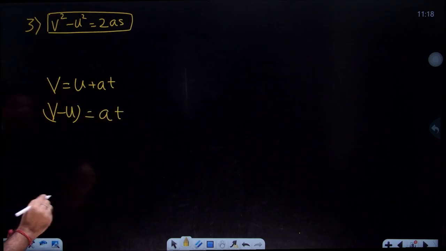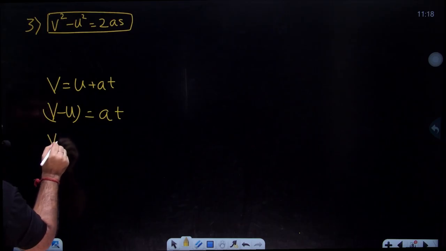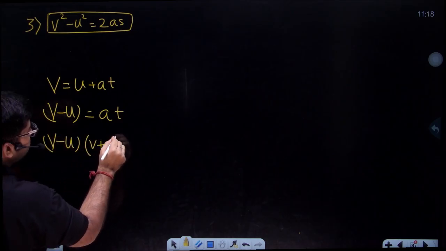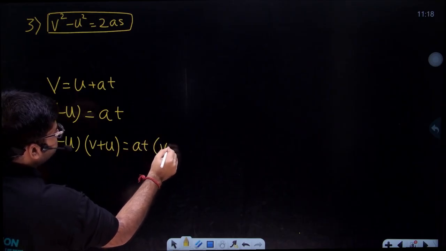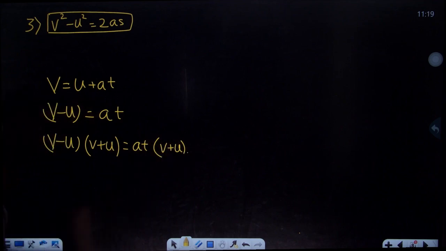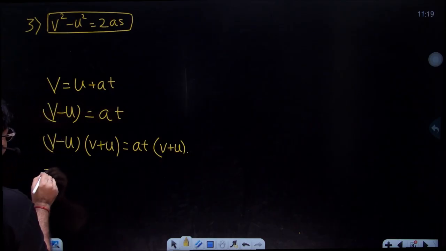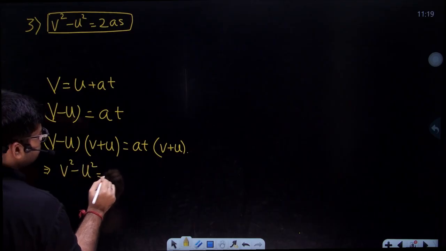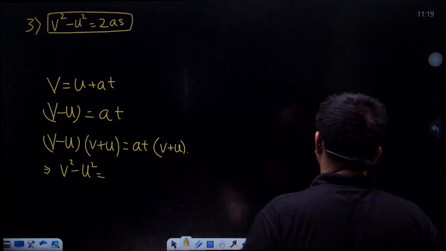Now if I multiply both sides with V plus U, what I will get is V minus U into V plus U is equal to AT into V plus U. So from here you can say V square minus U square is equal to AT into V plus U. Now focus on this part.